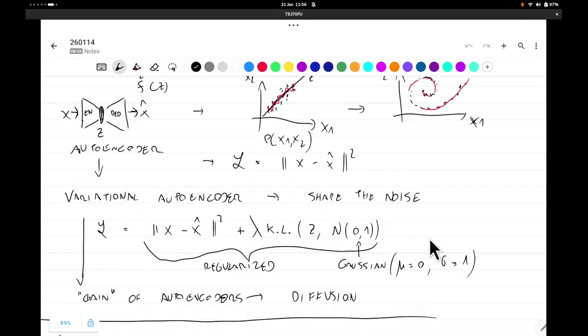idea behind generative AI. So the idea is that we can start from a random selection of data points in a distribution, and when we have trained the decoder, we can go back to a possible data point, right?